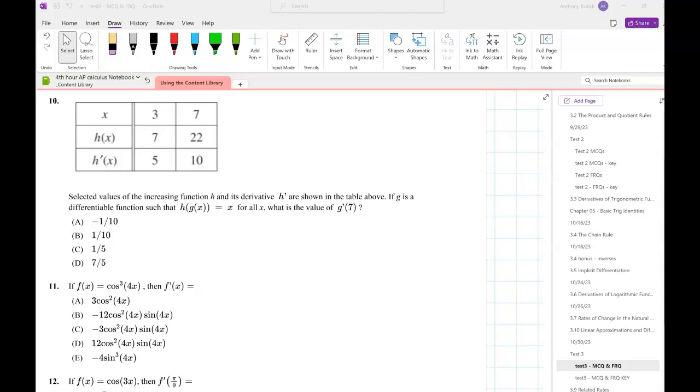That's fine. The derivative of x. Okay. And now, what is the question asking for? G prime of 7. So, how do you get G prime by itself?